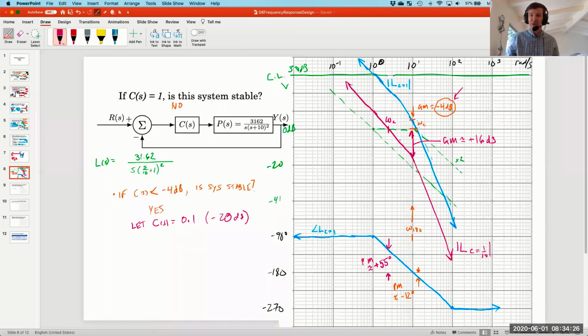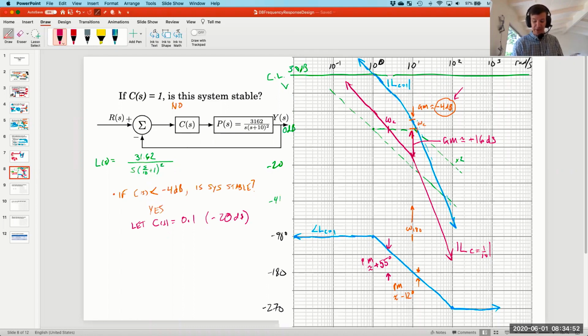So anything you can do to move those plots physically closer to each other on the page will tend to stabilize the system. And that's exactly for the reasons that I mentioned, that both of these plots tend to drop from upper left to lower right. If you were to move the magnitude plot down, then you are bettering your gain margin because the phase plot hasn't changed.